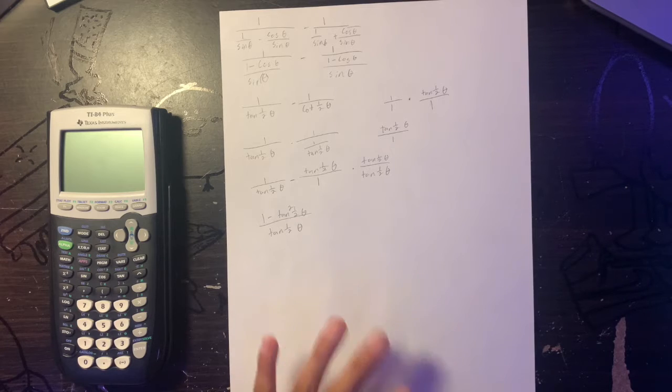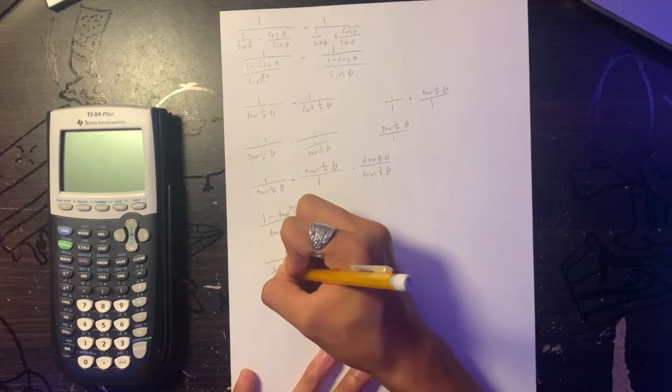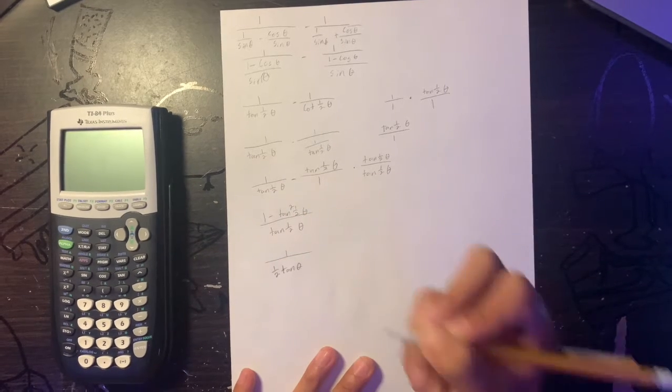Let's see. And then I can use double angle to change that into 1 over 1/2 tan theta.